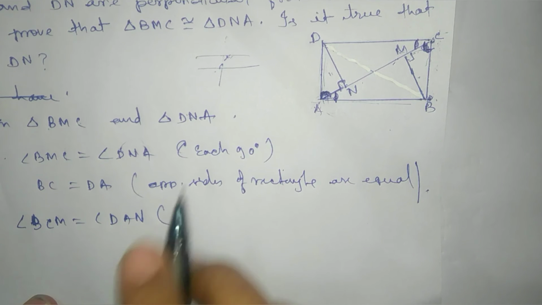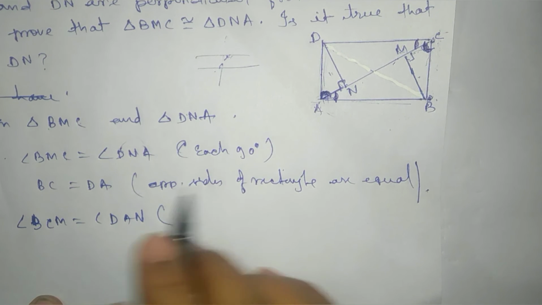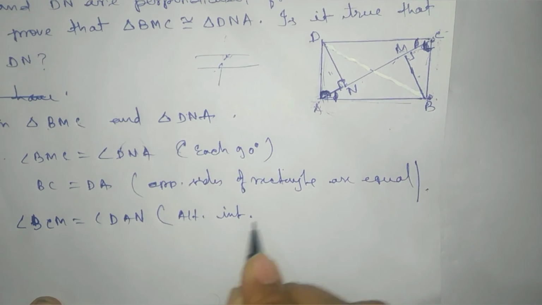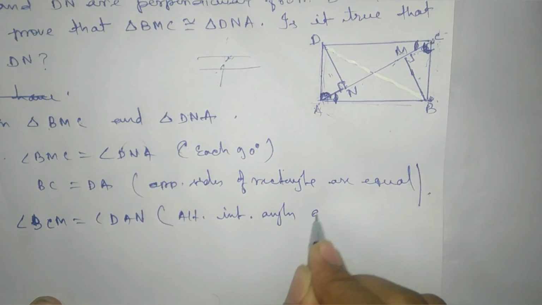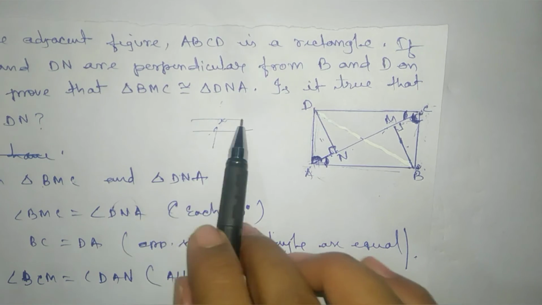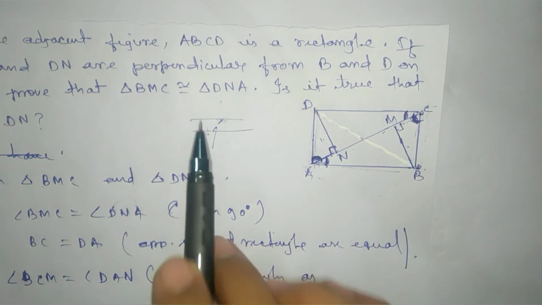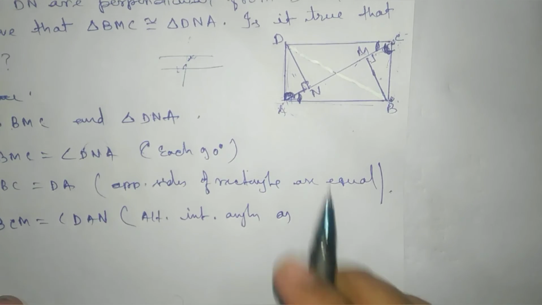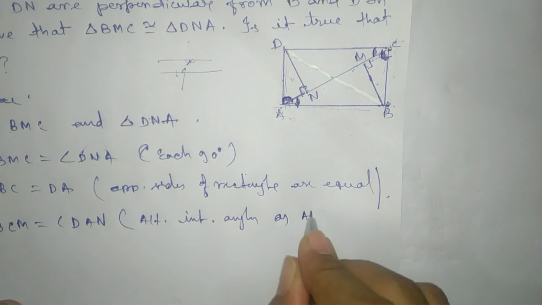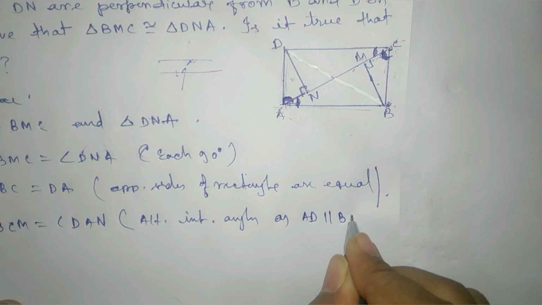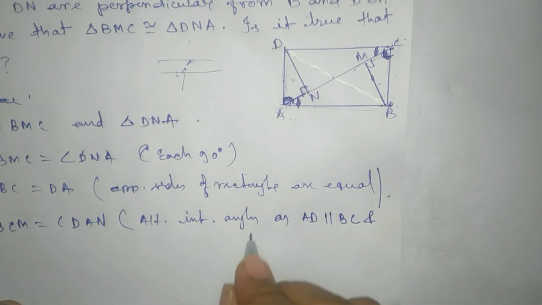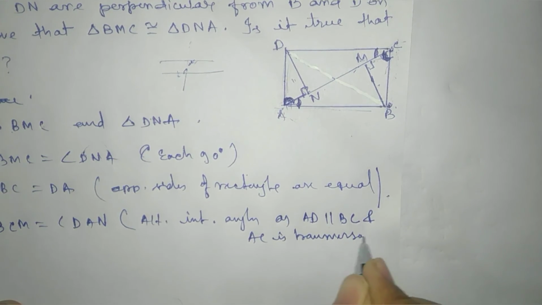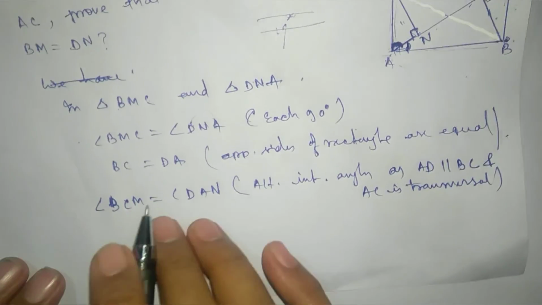And the reason is alternate interior angles. As we know that alternate interior angles are equal only when they have parallel lines and one transversal, so we need to say AD is parallel to BC and AC is the transversal. So this is the reason we need to mention in the bracket, so you will get full marks for that.